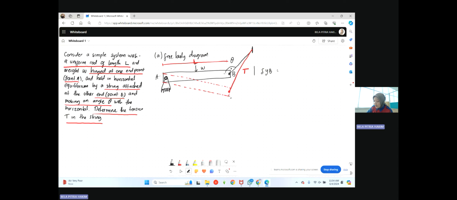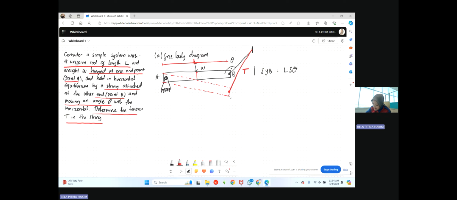There is the whole beam length and the displacement of θ, the angle. Look at the displacement that happened over here.